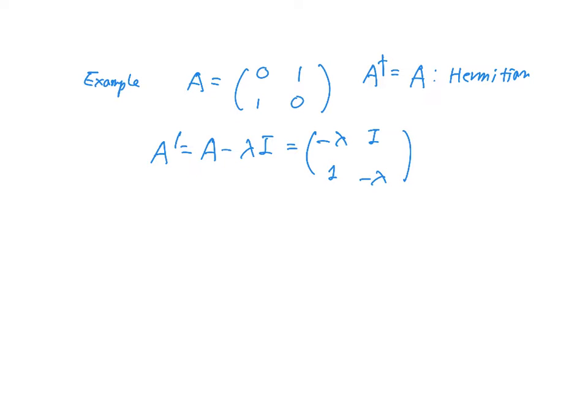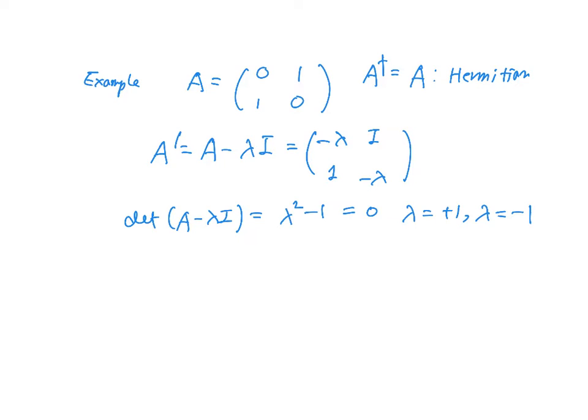So determinant of A minus lambda I is lambda square minus 1 equal to 0. So lambda is plus 1, lambda is minus 1. Remember that I introduced alpha 1 is 1, alpha 2 is minus 1, right?